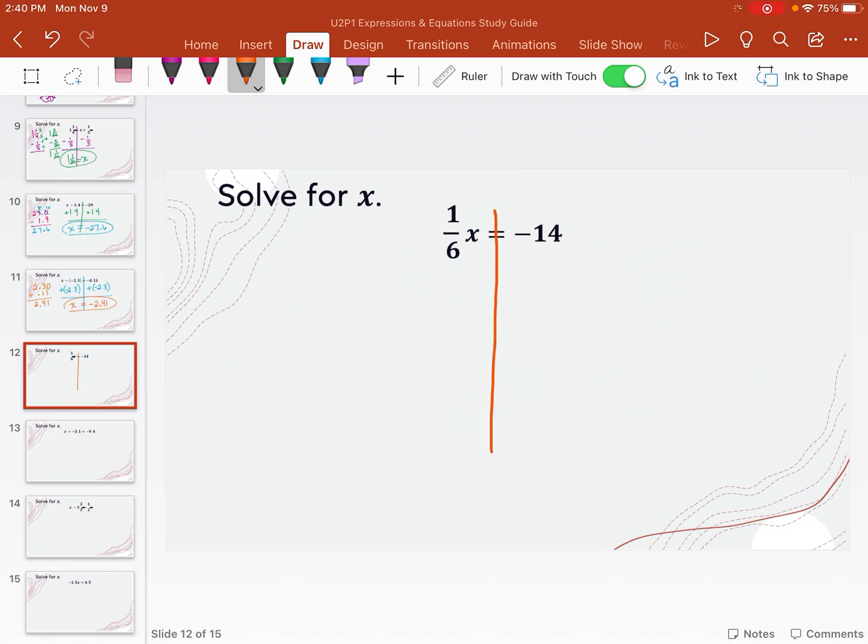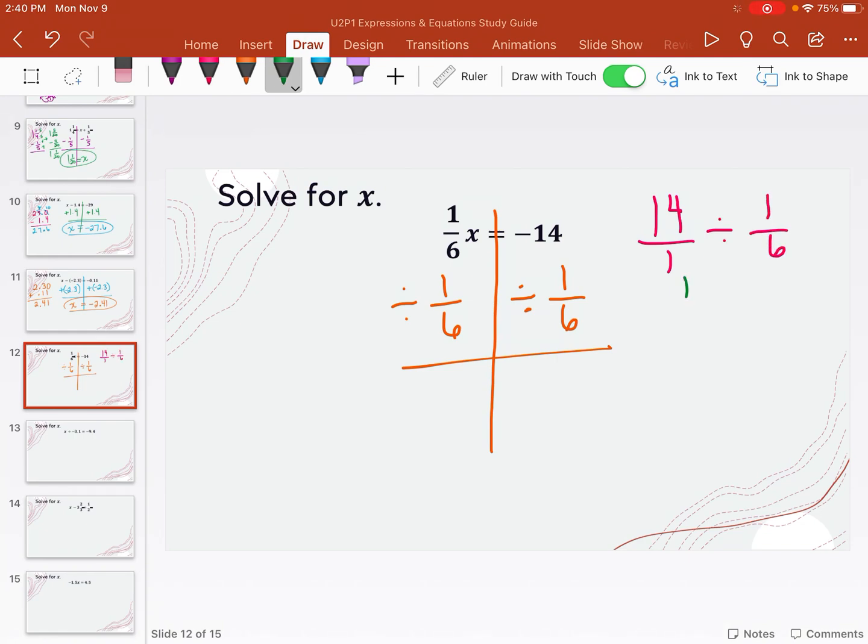All right, this is 1/6 times x, so I'm going to divide by 1/6, divide by 1/6. So I've got, remember the number that was already there is what is going to go first. So I've got 14/1 divided by 1/6, keep, change, reciprocal, so keep 14/1.